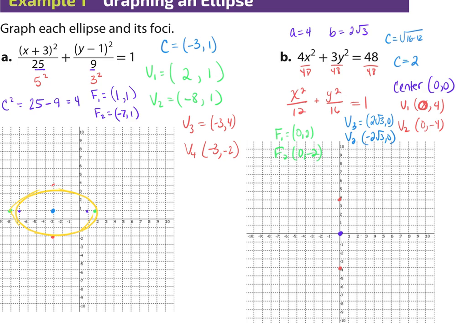Square root of 3 is 1 point something, so 2 square root of 3 is probably a little in between 3 and 4 somewhere. So we'll put that here, and we'll put that here. And then our focal points are at positive 2 and negative 2. And once again, you are just sketching. So we're just going to sketch it around that guy there.